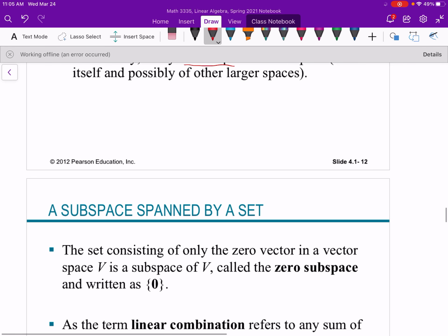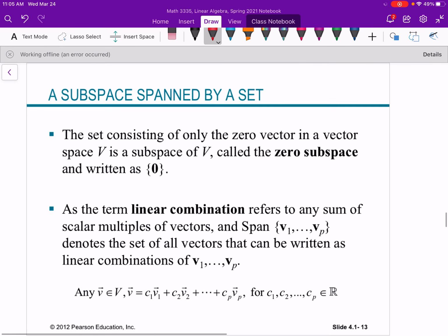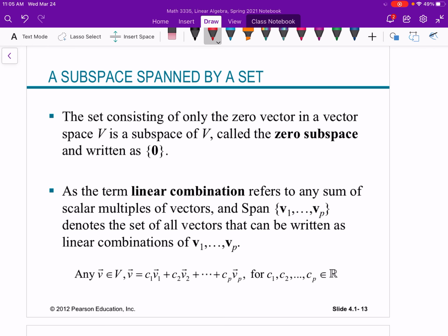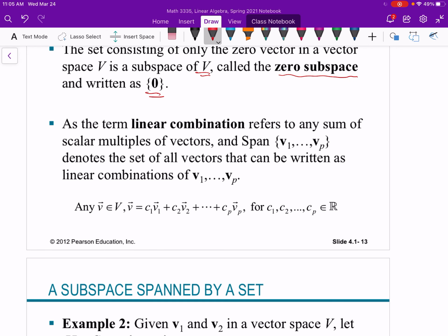All right, so now we want to talk about a subspace spanned by a set. The set consisting only of the 0 vector in a vector space is a subspace of itself, called the 0 subspace. Let's recall that a linear combination is any sum of scalar multiples of vectors.